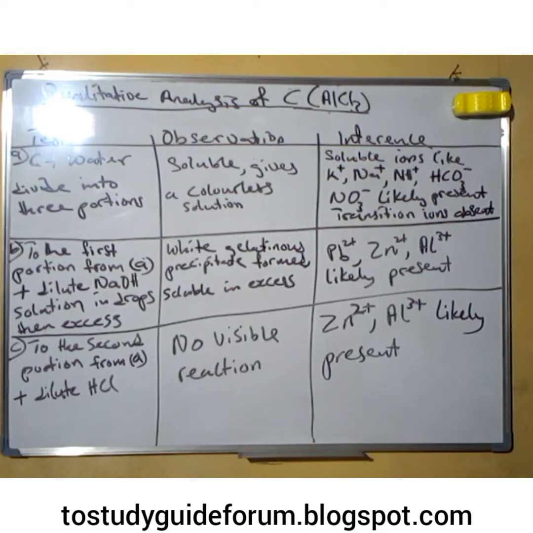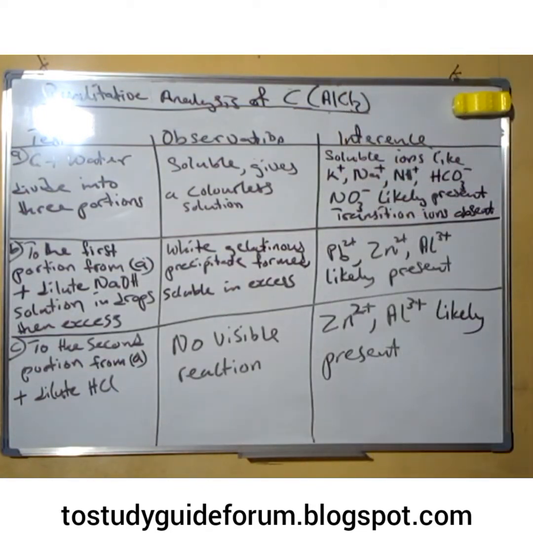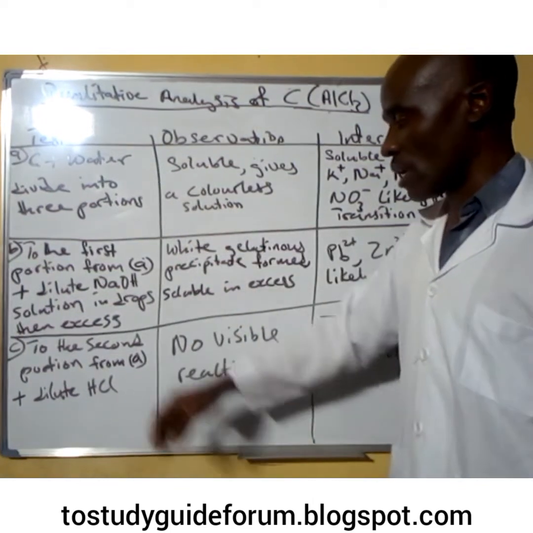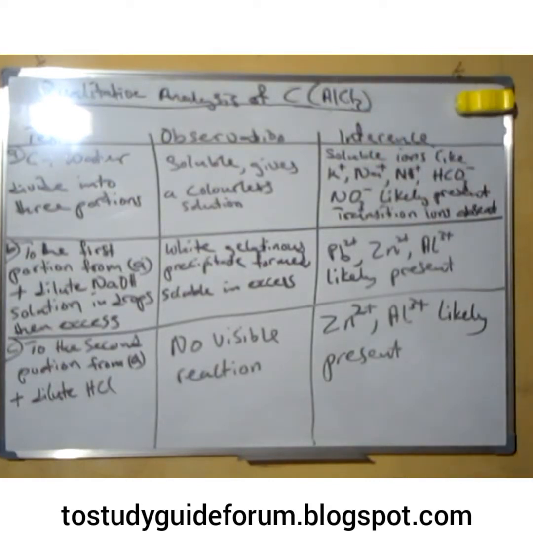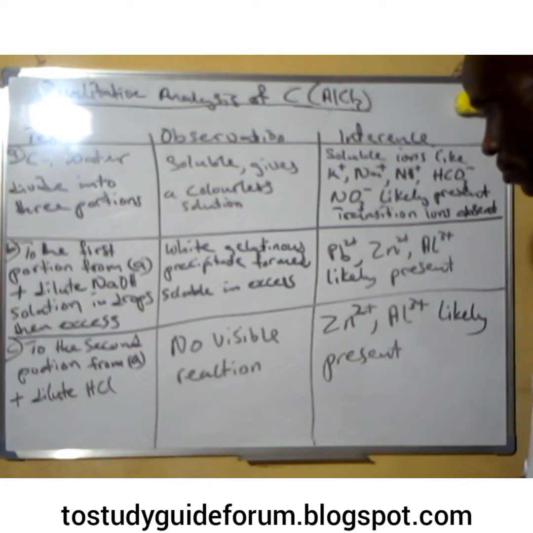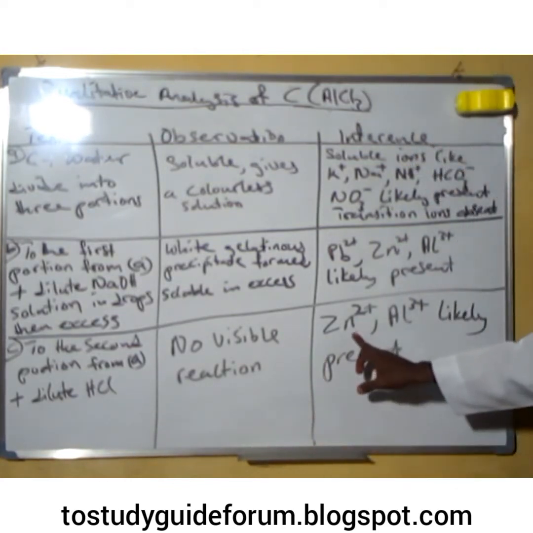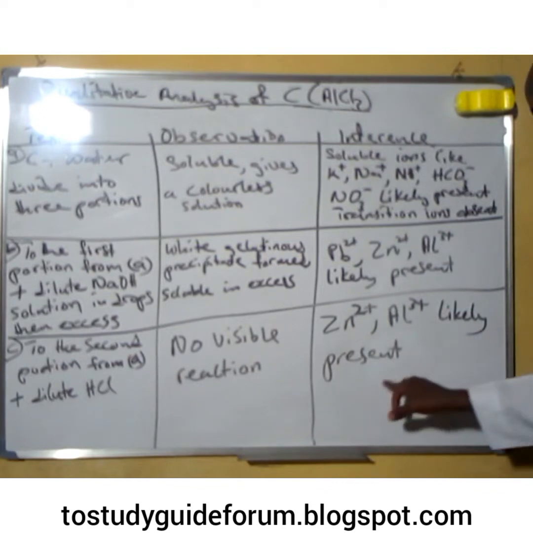Now the next thing we do, to the second portion we add dilute hydrochloric acid. We notice there was no visible reaction. Since there is no visible reaction, it simply means that zinc and aluminium are likely to be present.